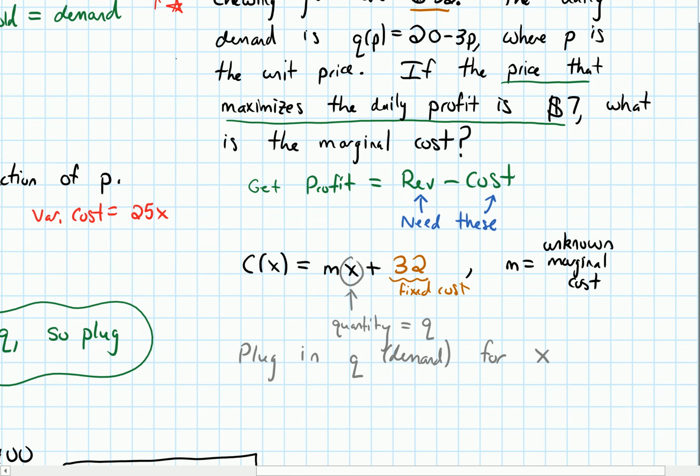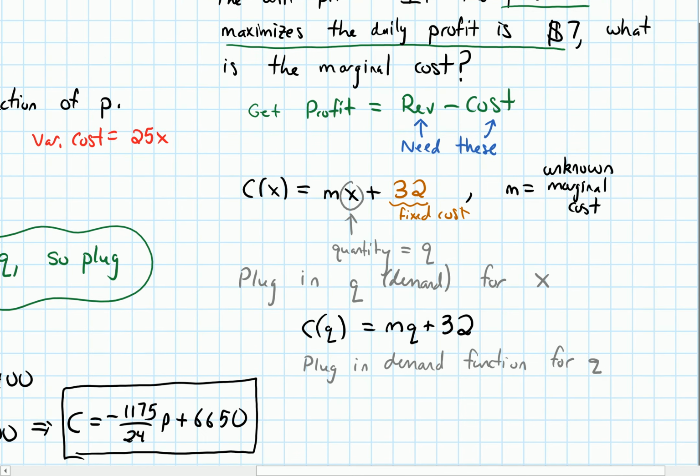Doing that, we end up with c, and now c is going to be a function of q, no longer x. And it's going to be m times q plus 32. Okay, so now we have c as a function of q, but again, we want to get it in terms of price. So now, let's plug in the demand function for q, and that'll give us c in terms of price.